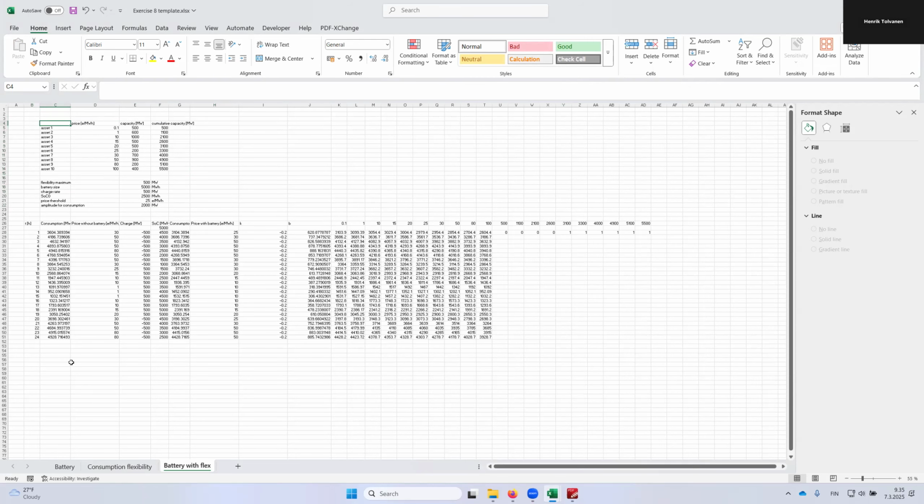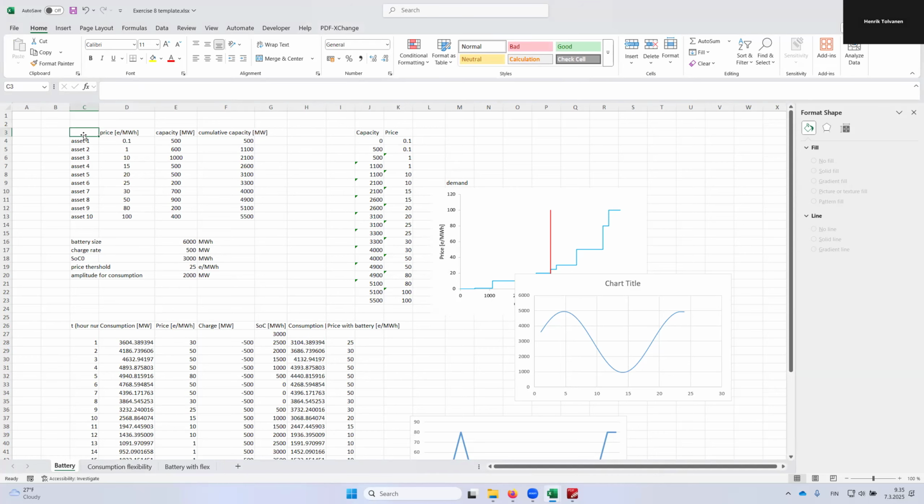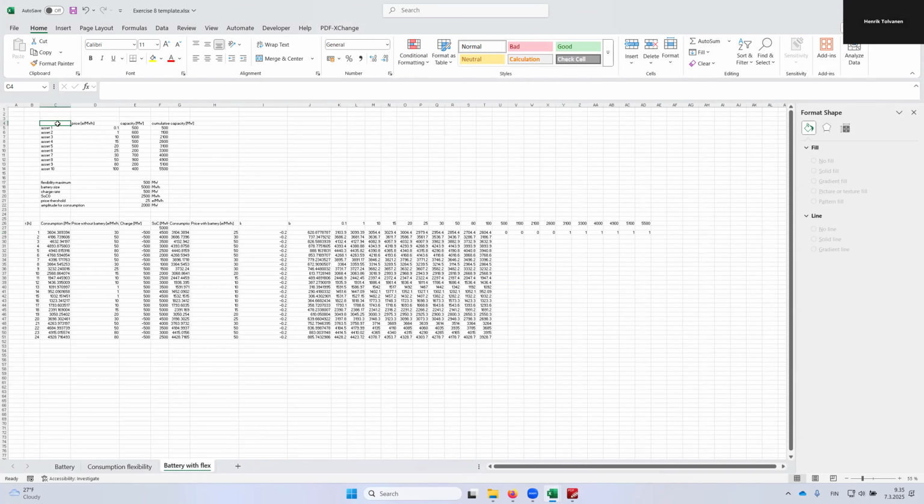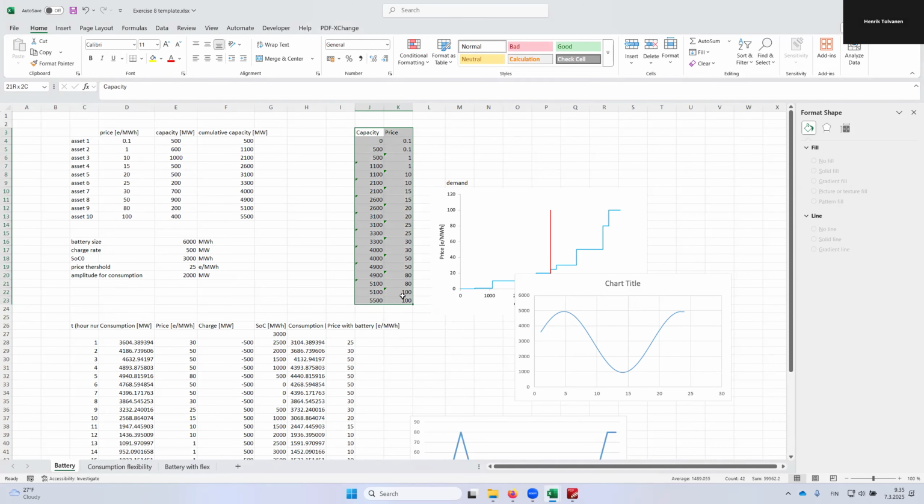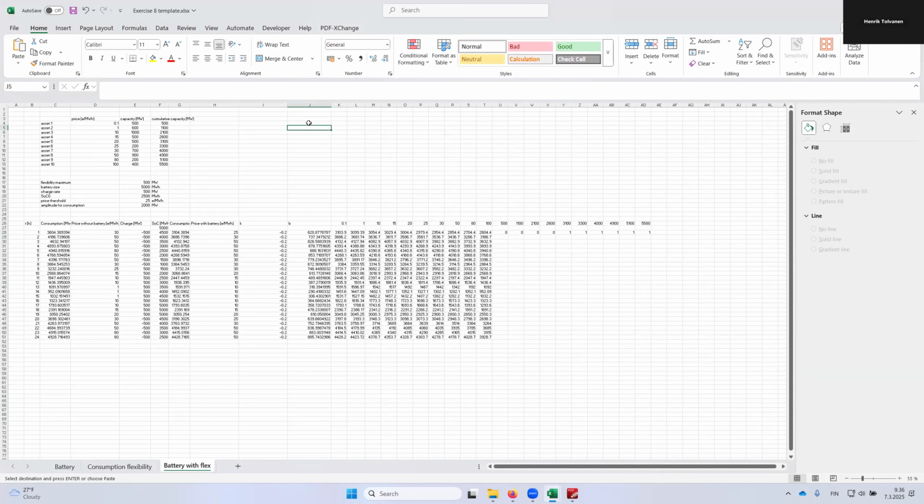So this starts from C4 in here, C3 rather. So let's move one up, and J3. Yeah, seems to be correct.